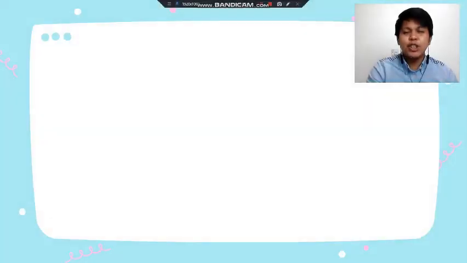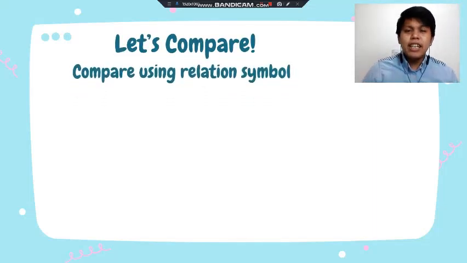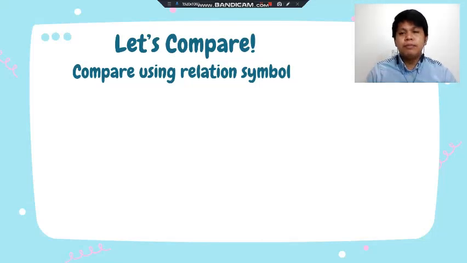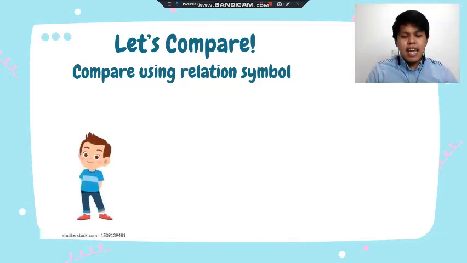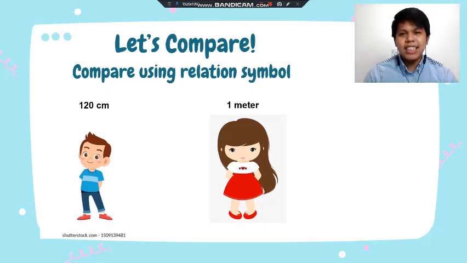Now let's try to compare. Compare the following objects using relation symbol. I have here 2 kids, and this is their height. The boy's height is 120 centimeters, while the girl's height is 1 meter.